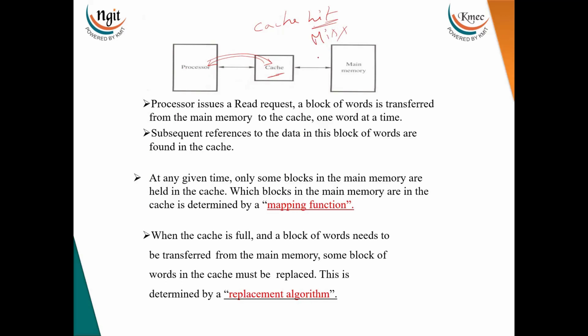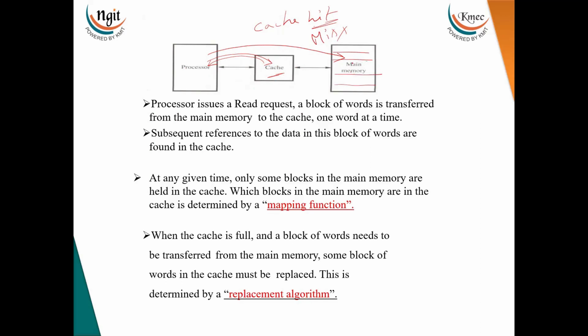At that time, it will search for the data in the main memory. If the data is not available in the cache memory, the processor will search for the data in the main memory. The complete memory is divided into blocks. A block is a group of words together.